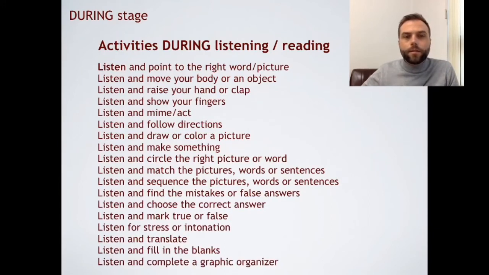Notice that the verb changes, and that changes the activity that the students are doing. I find this the easiest, quickest, most simple way of brainstorming different types of activities that can be done in the during stage. In the during stage, you want to have several activities that are scaffolded, start easy, move on to difficult, and go from general to specific and so on.